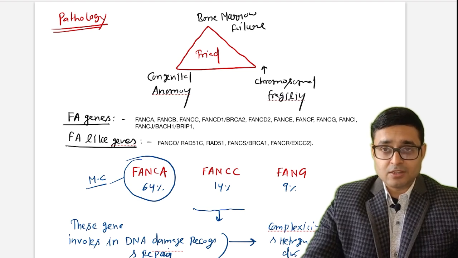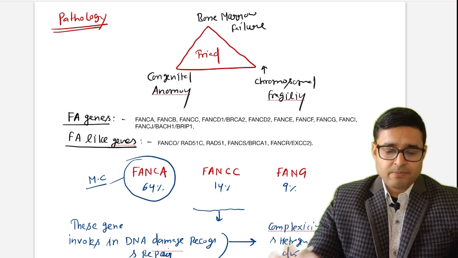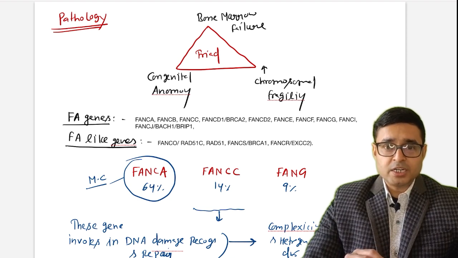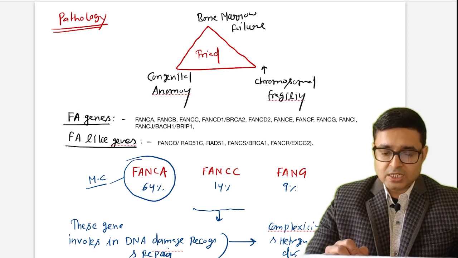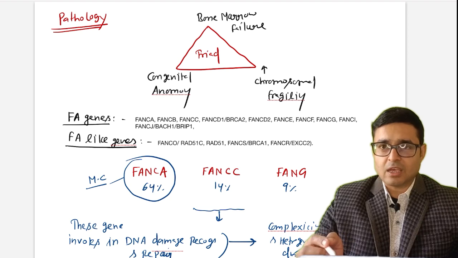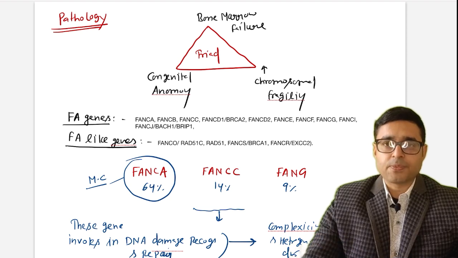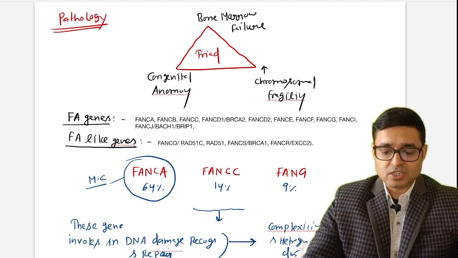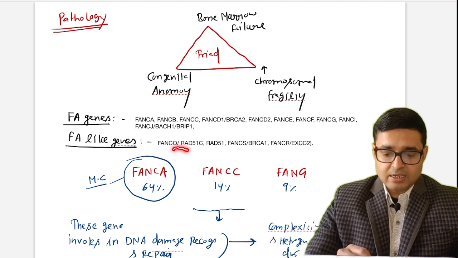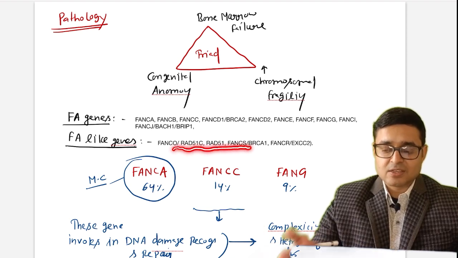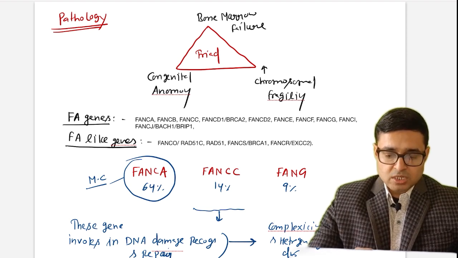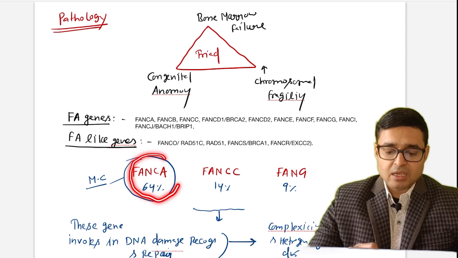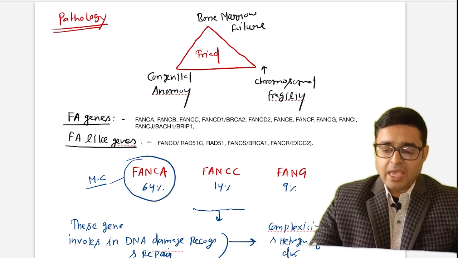So, what are the FA genes we have discussed so far? There are multiple. I told you 22 genes. FA genes like FANCA, B, C, D1 (BRCA2), D2, E, and so on. Obviously, FANC is the prefix. Some genes are FA-like genes: FANCO, RAD51C, FANCS. You don't have to remember all the list. What you have to remember is the most common gene, FANCA, which is 64%.